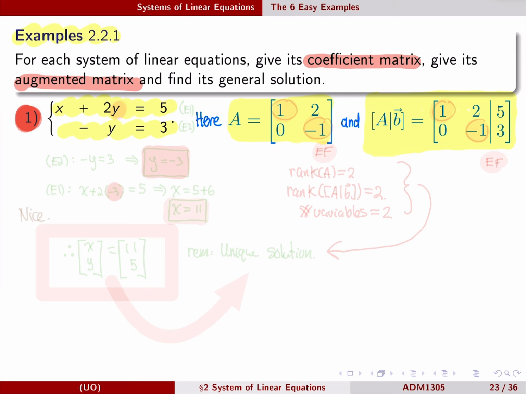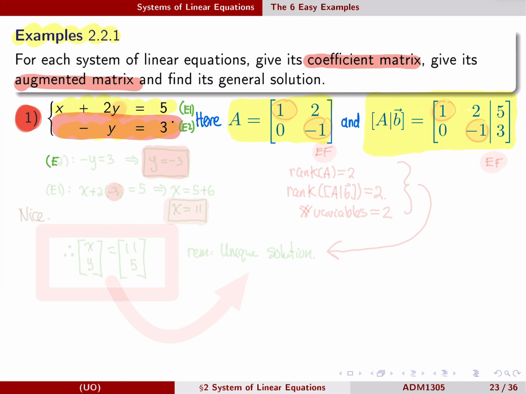So now let's solve this system. What I like to do in these questions is label my equations. Let's call the first equation E1 and the second equation E2. As you can see, I am looking for values for x and y that fit in this system. But the easier equation is equation 2.